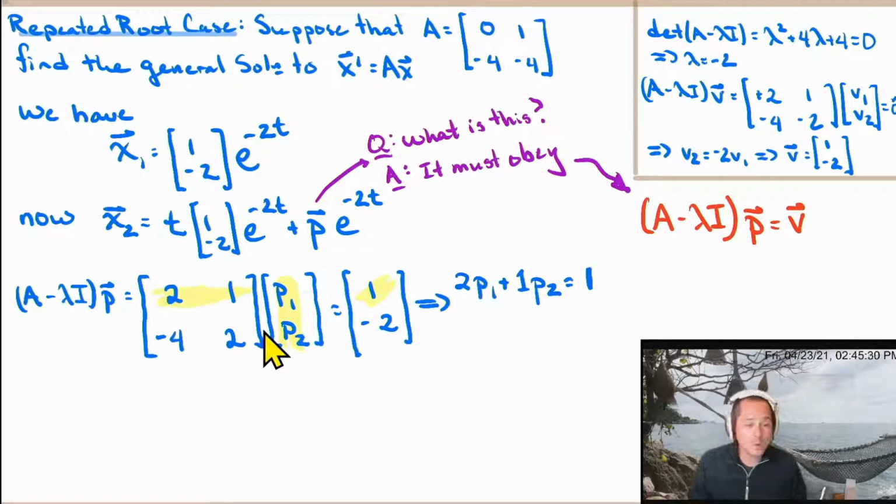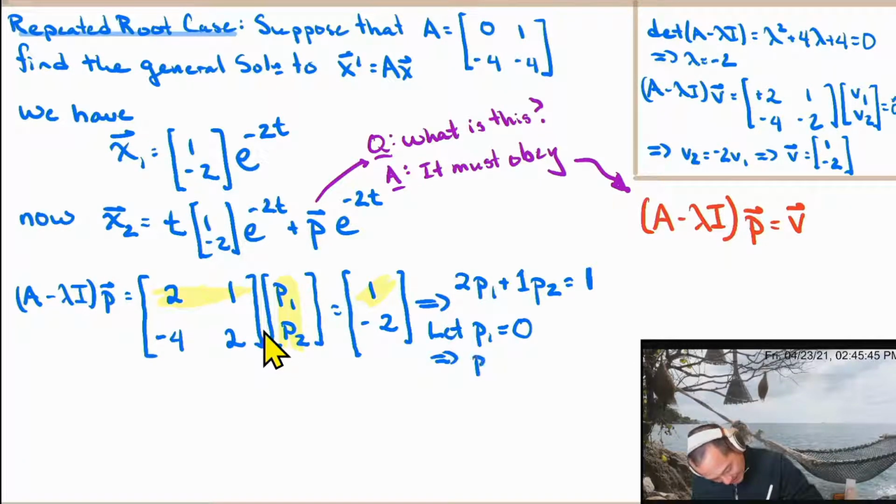And so now I'll figure out what my P vector should be. I'm going to say let P1 equal 0. If P1 is equal to 0, then P2 is equal to 1. And then my P vector will be equal to (0, 1).